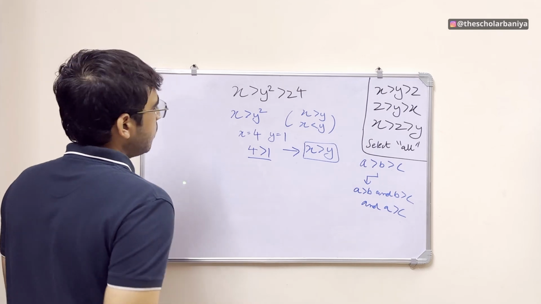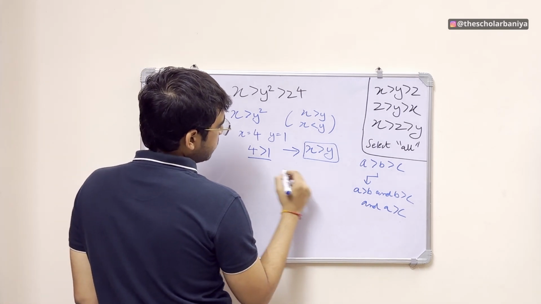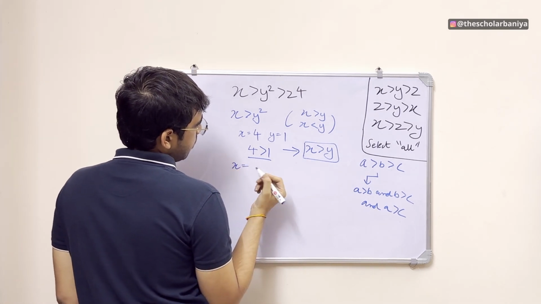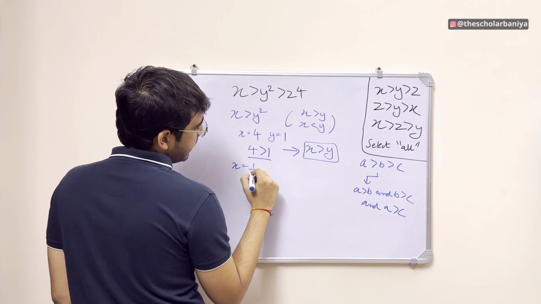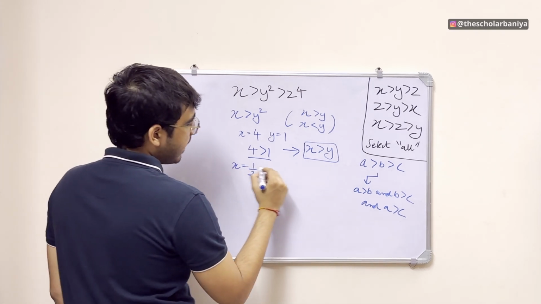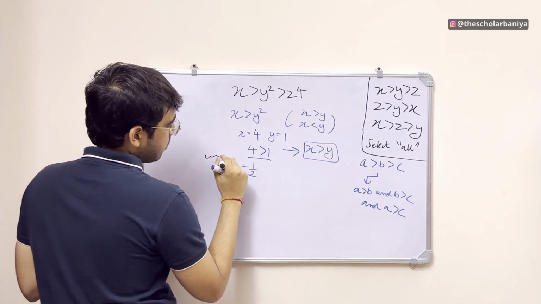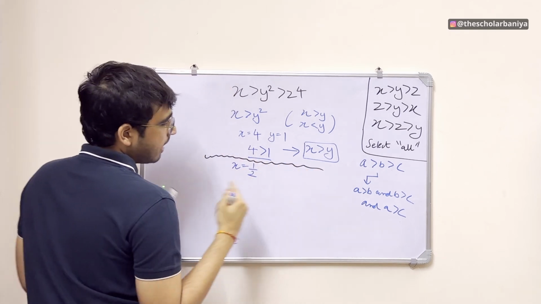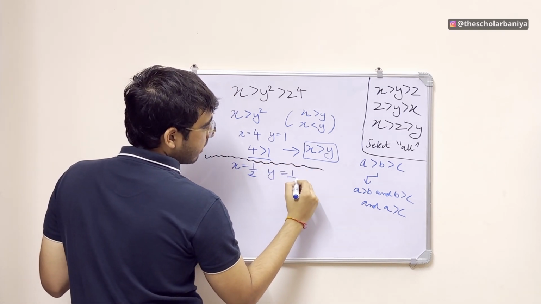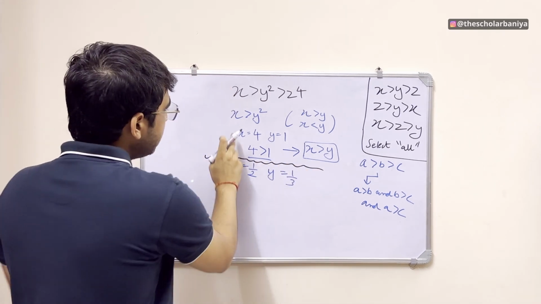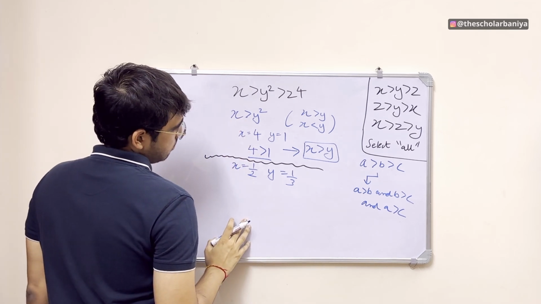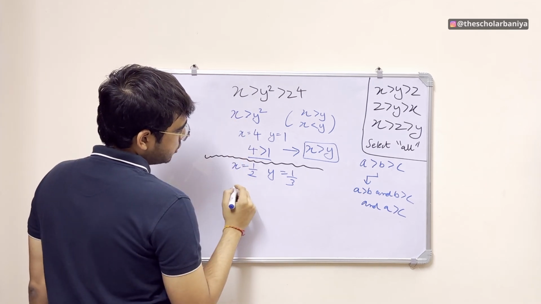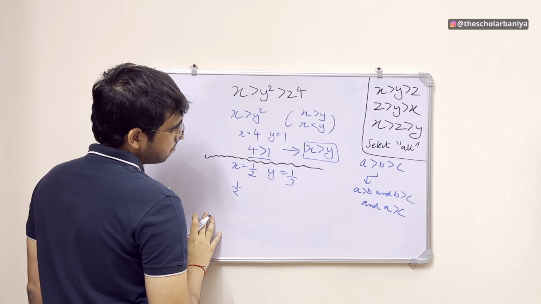Right. Now for example, let's take x is equals to maybe 1 by 2, and y is equals to 1 by 3.